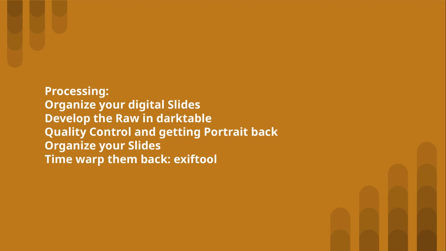We have developed those as raw files in darktable, where we processed first a master image and then applied the style, including the orientation, to all of the other images. We did final quality control in an image viewer, and sometimes we had to get portrait ones back and rotate those slides or images individually.